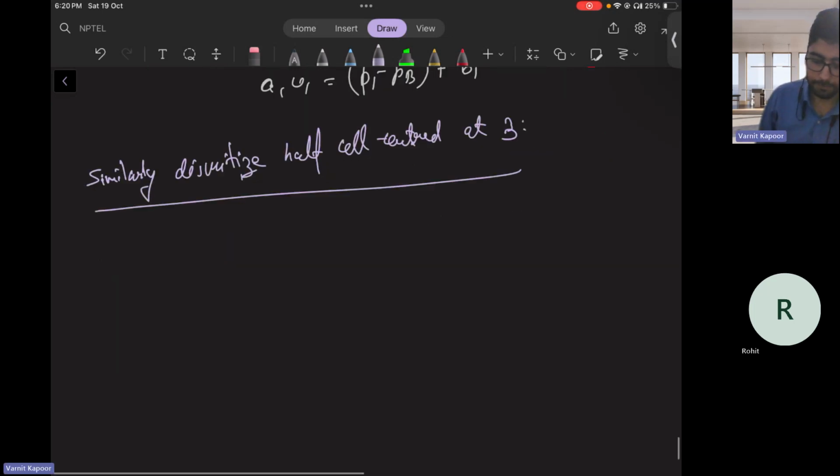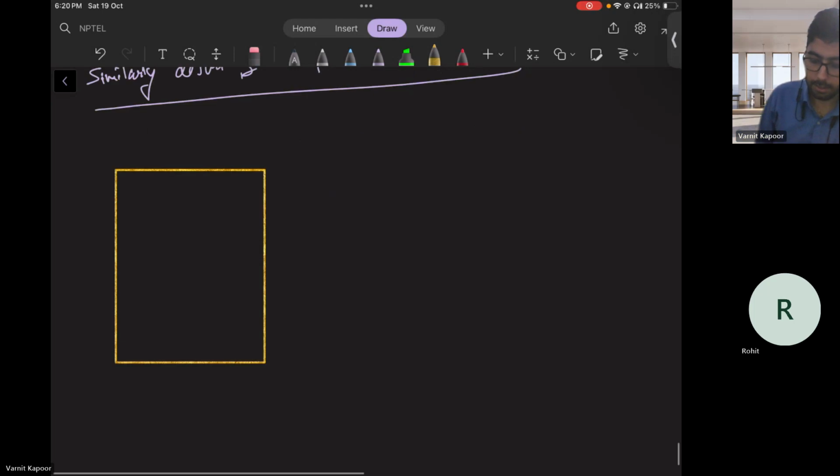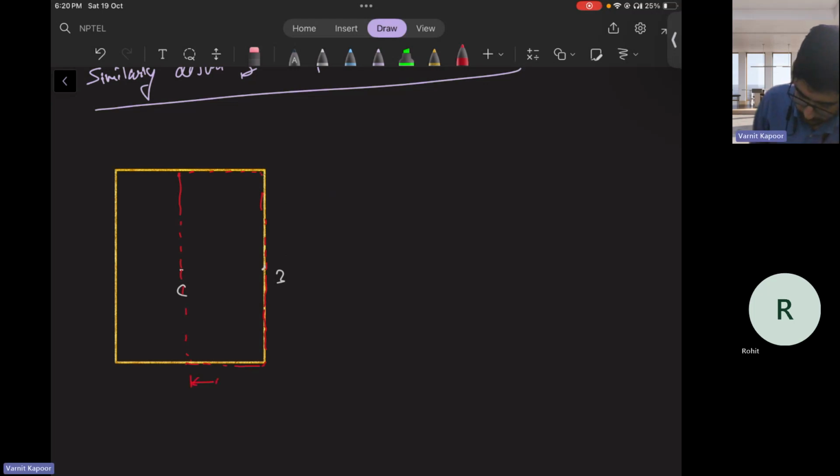So again, you have a cell here like this. This is your cell C. You have face 3. You consider a half cell centered at it, again del x by 2.